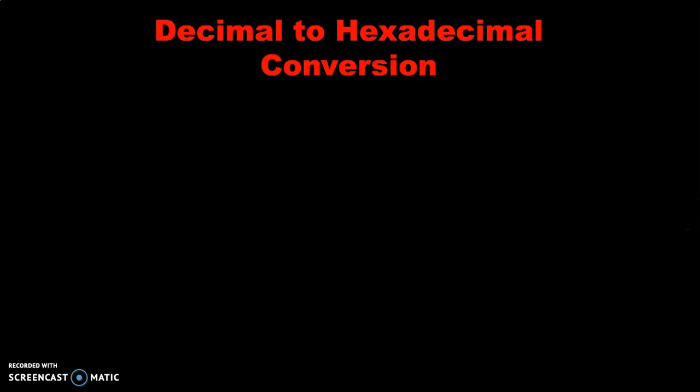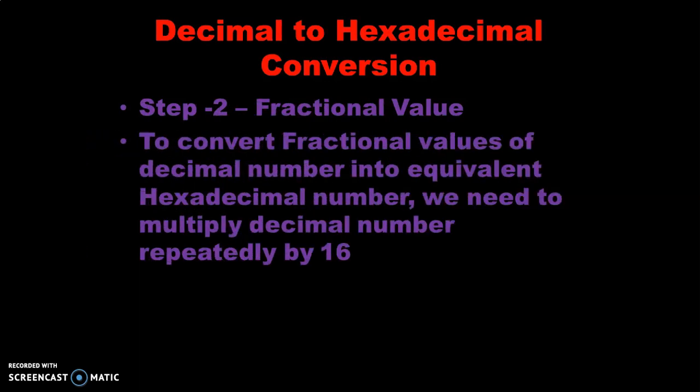Now we have step 2, and that is for the fractional value of a decimal number. So step number 2. To convert the fractional value of a decimal number into equivalent hexadecimal, we need to multiply the decimal fraction repeatedly by 16.